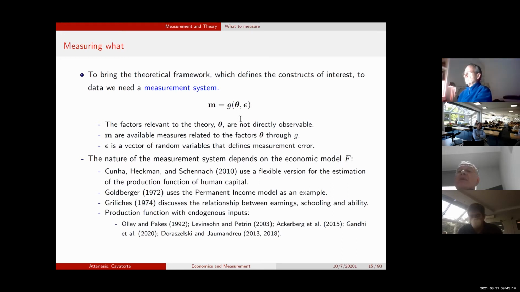When you think about the production functions with endogenous inputs, the Olley-Pakes strategy that has later been developed by a bunch of others is also an example of this type, where the economic models include factors that are not necessarily observable, and you have measures that can do that.